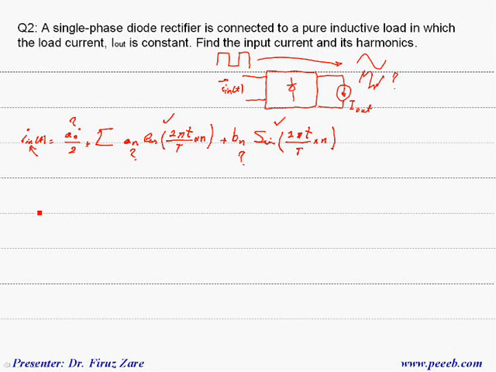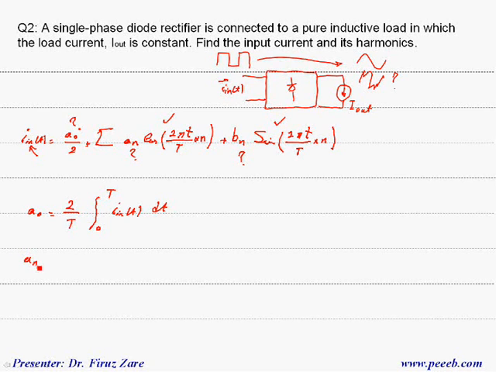So a0, which is basically the DC part for a periodic signal, is 2 over T times this integral over 1 cycle of I in t dt.